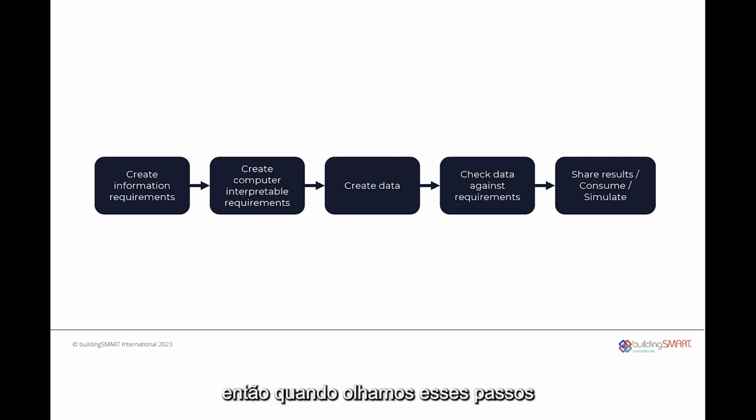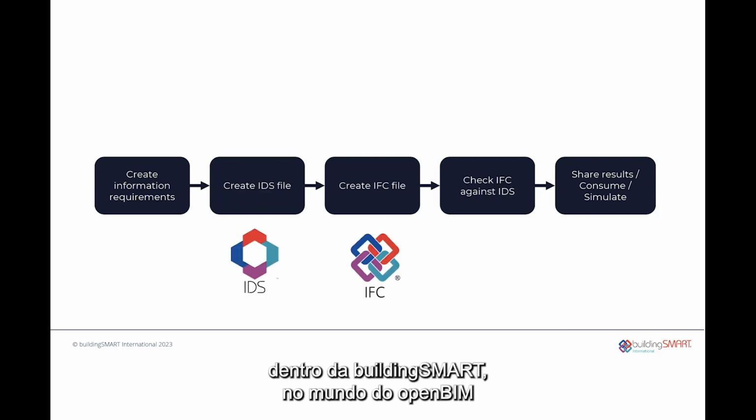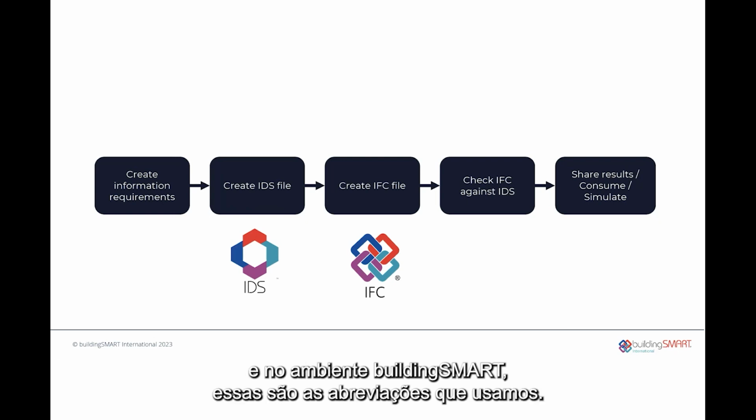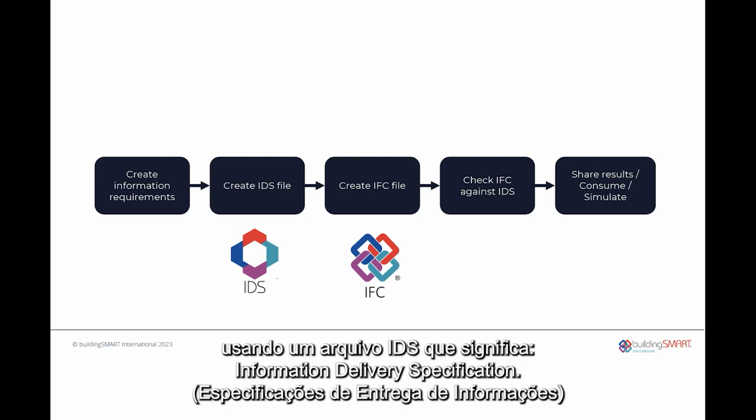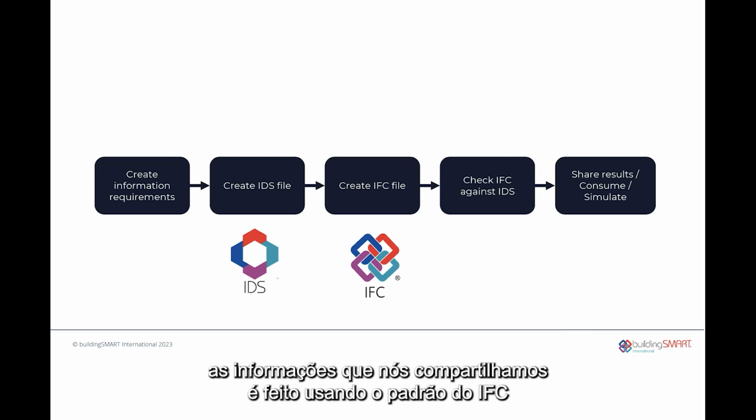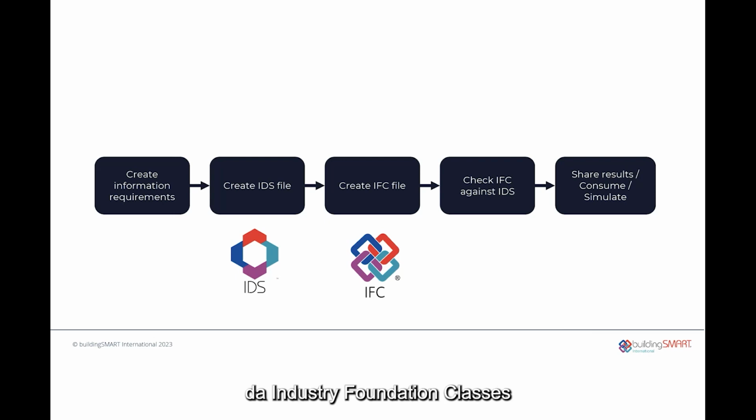So when we look at these steps in an openBIM world, in the buildingSMART environment, these are the abbreviations we use. We define computer-interpretable requirements using an IDS file. IDS stands for Information Delivery Specification. The information that we share is done using the IFC standards, the Industry Foundation Classes.